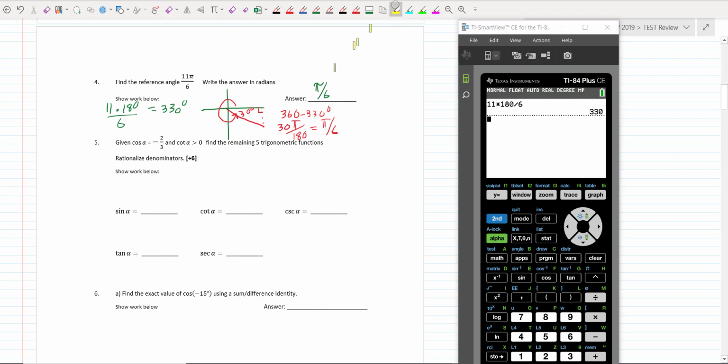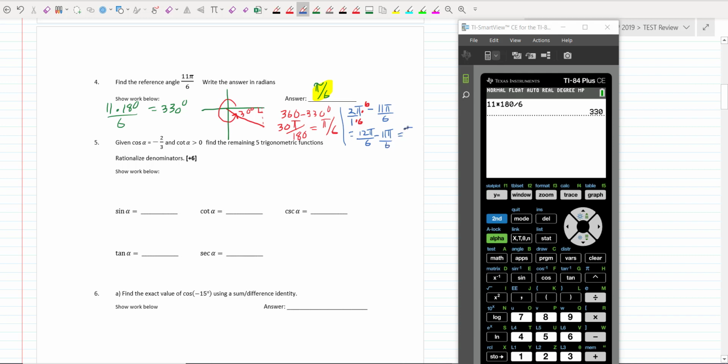The other way you could do this problem is, instead of 360 minus 330, well, 360 is 2 pi, so you could do 2 pi minus 11 pi over 6. You could get a common denominator, which is 6. So if I multiply 2 pi by 6 over 6, then I end up getting 12 pi over 6 minus 11 pi over 6.